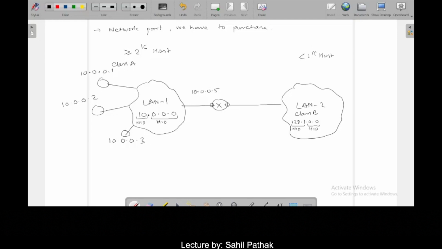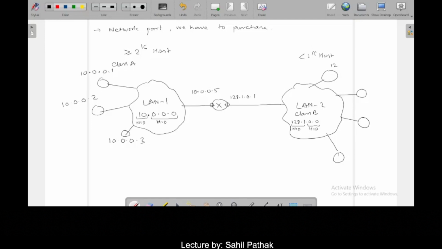Now, one IP should be given for this interface of the router, and let's say that is 128.1.0.1. In general, this .1 is given for the router that is connected to a network. There is no specific rule, but in general this is what is being followed.